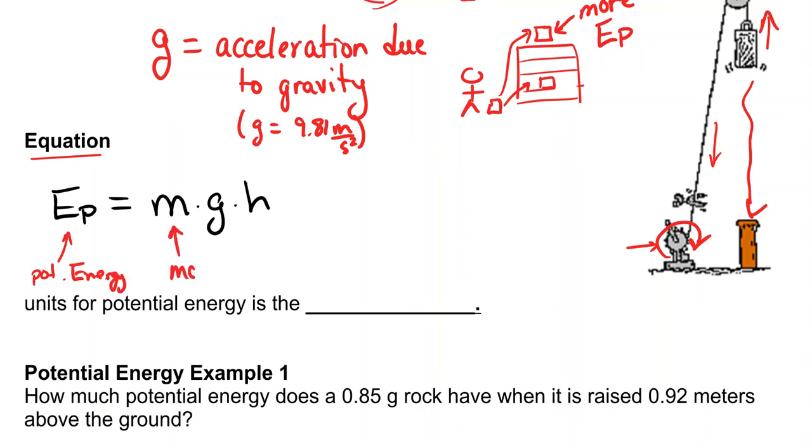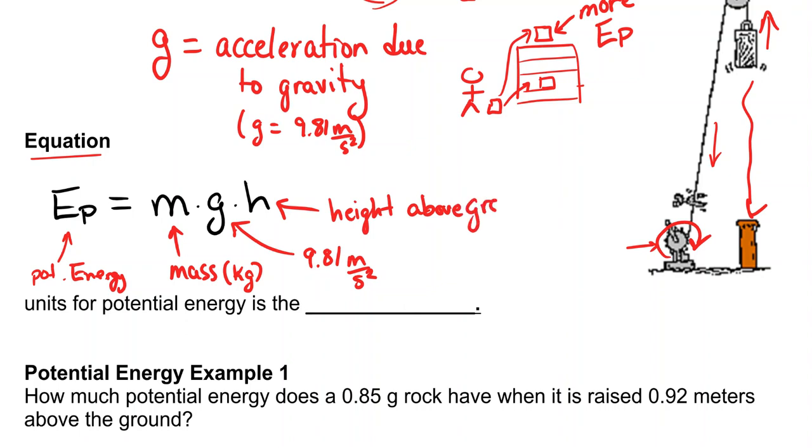M is the mass of an object measured in kilograms. G is the acceleration due to gravity, right? It's not the force of gravity, it's not gravity, it's the acceleration due to gravity. And then H is the height above ground. Or we could say it's the height above a reference point if we wanted to, right?